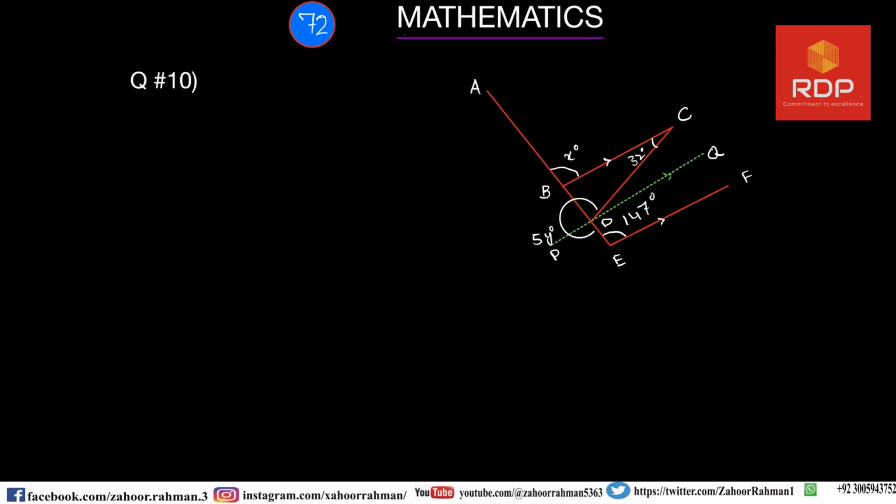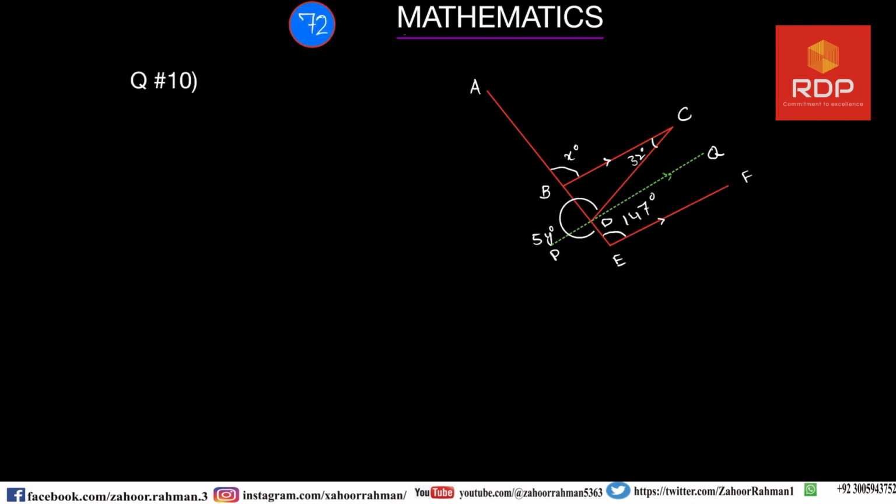Ladies and gentlemen, question number 10 is saying that ABDE, which is this line, is a straight line, and BC, which is this line, and EF are parallel lines.